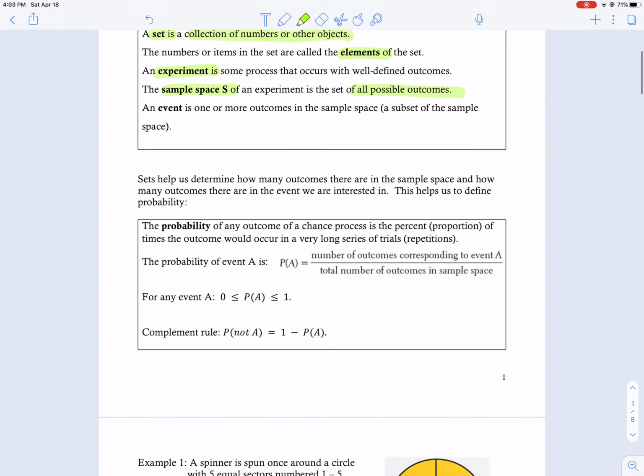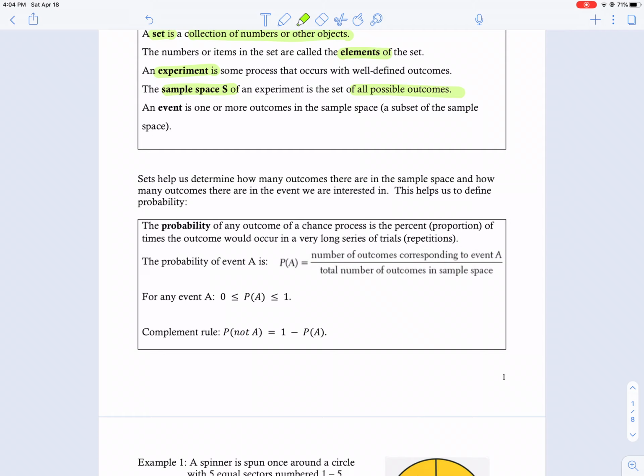So another few key important things that you guys need to know about: the probability that an event A would happen is the number of times that event A happens over the total number of outcomes in that sample space. Understand that for event A, the probability that event A is going to happen is any number between 0 and 1.